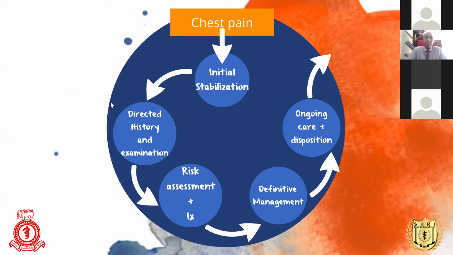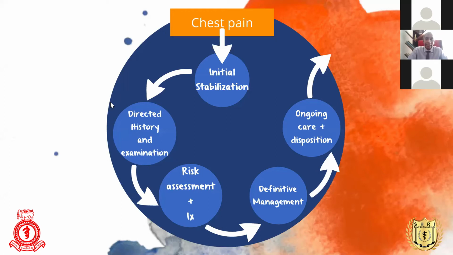Chest pain, symptom-wise, is a category 2 urgent patient. If they have some hemodynamic compromise, they will be category 1, but this is definitely a category 2 presentation. So they are prioritized. They have to be taken to a monitored bed for the initial stabilization, A, B, C, D, E. Then we go through the directed history and examination of the stable patient.